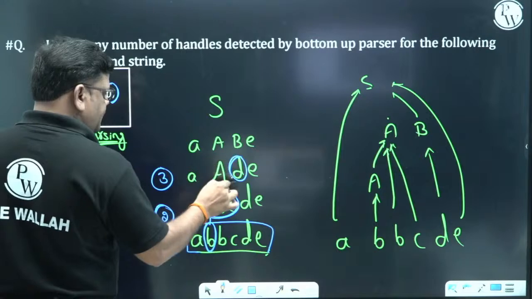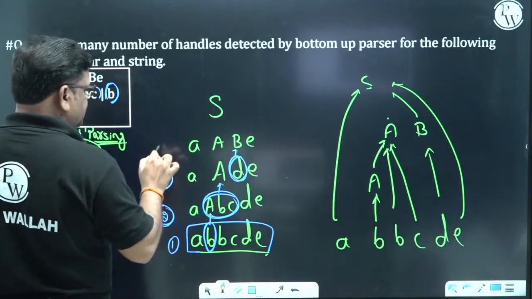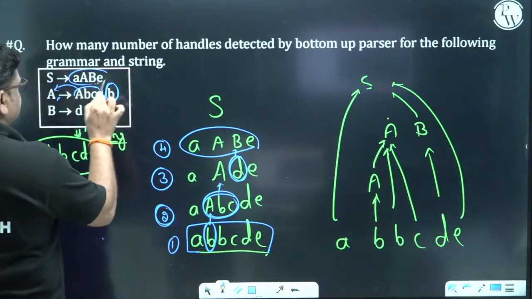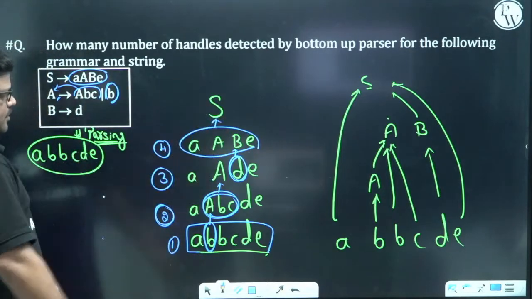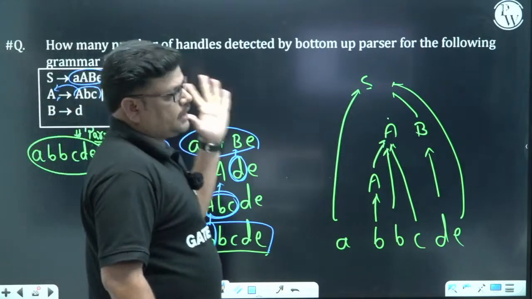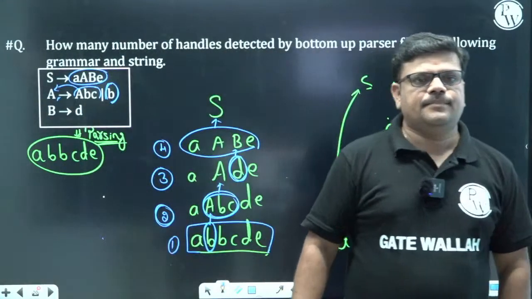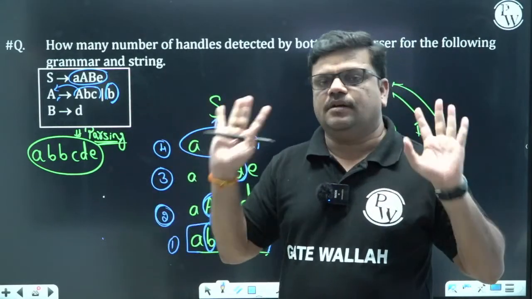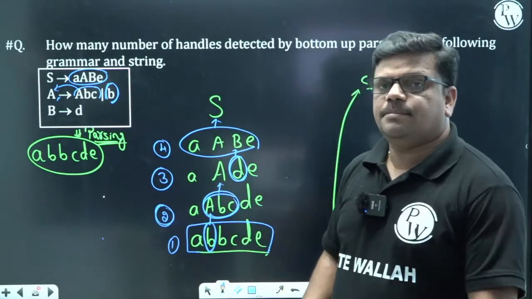D is matching, replace it by B. The fourth step, matching with S. In this process, if we get the starting symbol, the given string is a member, parsing is a success, valid syntax. Like this, a bottom up parser will perform parsing.